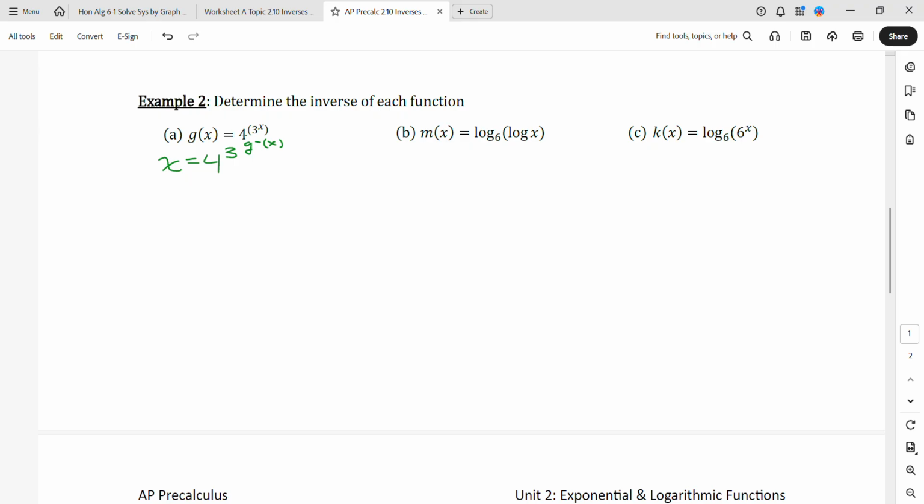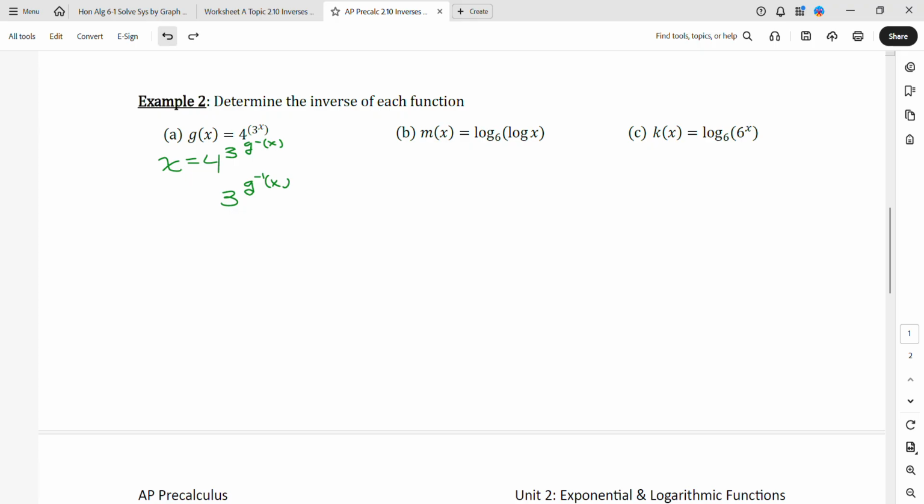So it's like I have an exponent of the exponent. Now, the first thing I want to do is create that base of 4 to be a base of a logarithm. So this is going to change into 3 raised to the g inverse.